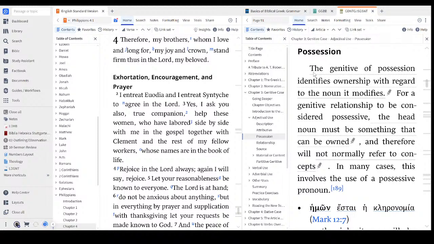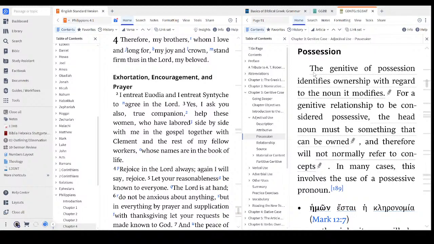Plummer is more of an intermediate grammar. I would still put both Plummer as well as Wallace as reference tools. So when I'm going through a passage and I need to remember what the aorist tense is, or what the variety of ways that an imperfect can be used, I'll use that as a reference.